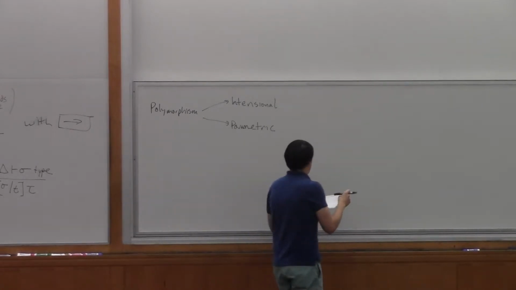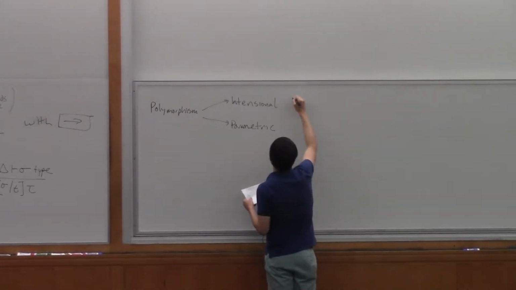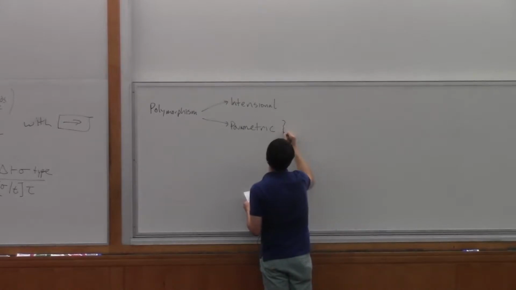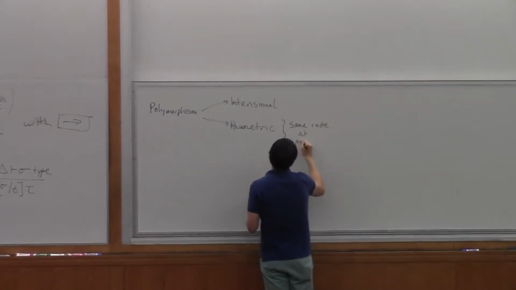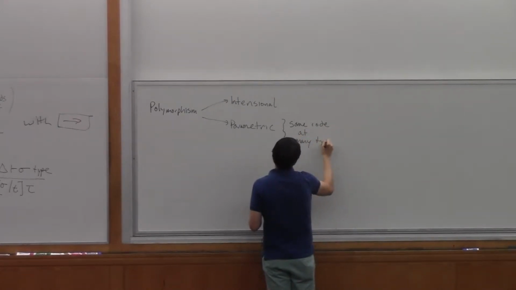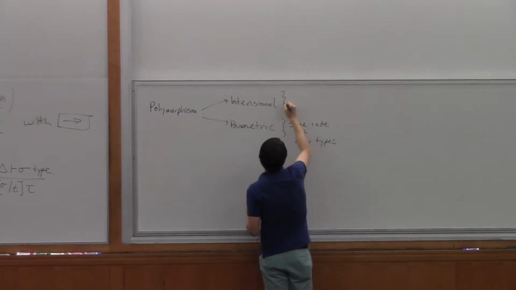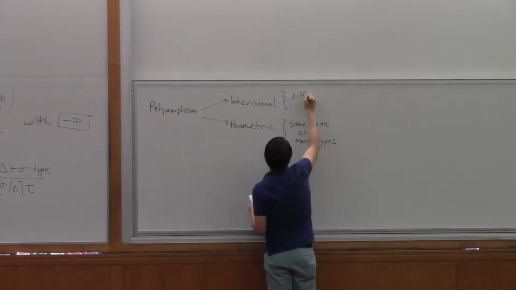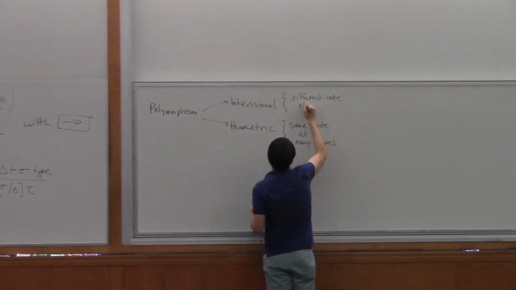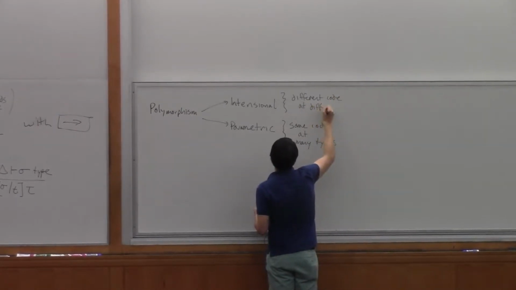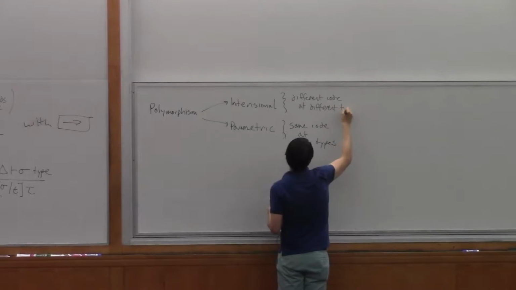Parametric means the same code at many types. And what I'll call intentional means different code at different types.